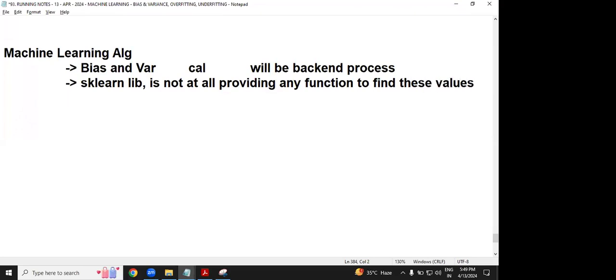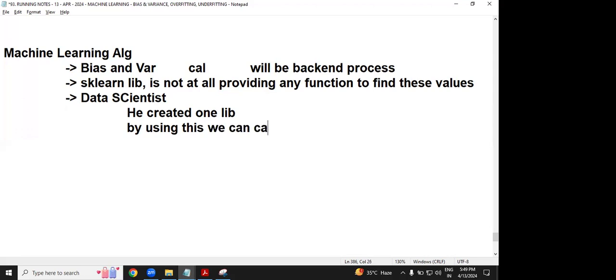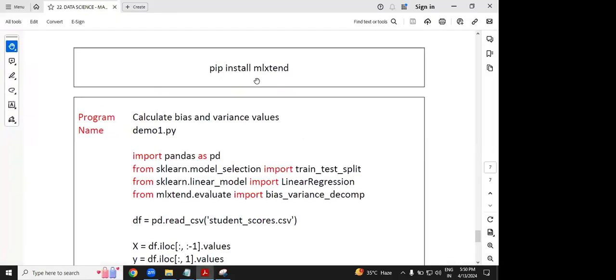But what happened? There was one data scientist who created one library to calculate the bias value and variance value. If you want to calculate bias and variance, you explicitly need to install one library.